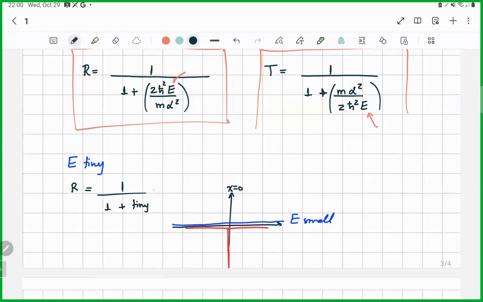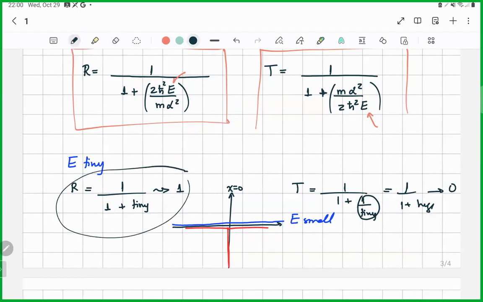Well, this is approximately 1, while the transmission coefficient is 1 over 1 plus something that is tiny here. So this is huge. So if this is huge, well, this goes to 0. Okay, so this is the other extreme case where the energy is so small, almost everything gets reflected now.